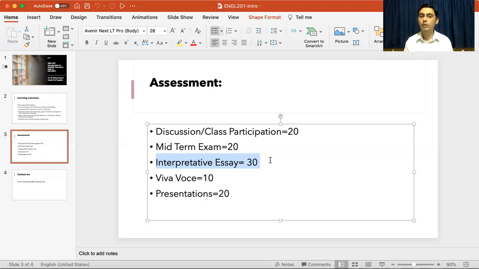Please note that we will spend a substantial chunk of the semester to understand how to write the critical analysis of a literary text and the interpretative essay of a literary text. I'm saying so because your midterm will be the critical analysis and your final term would be the interpretative essay.